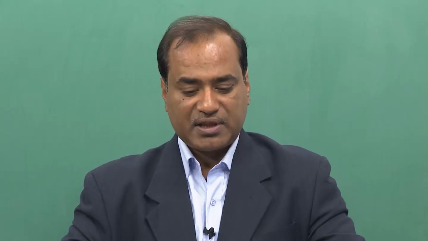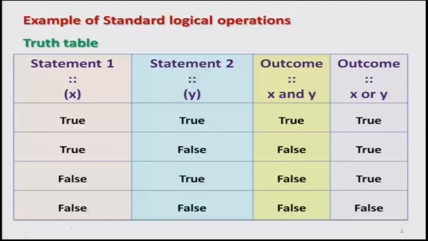This combination was made using the operators and, or. So what is the logic behind this operation? When we combine two statements, if both are true, if both are false, or if one is true and the other is false, how do we reach a conclusion? That is what is denoted in the truth table. So let us now concentrate on the truth table.